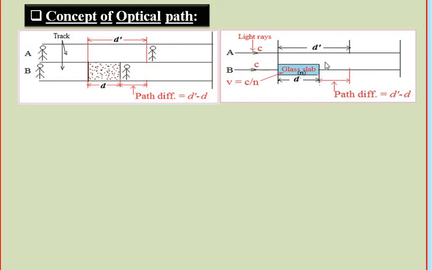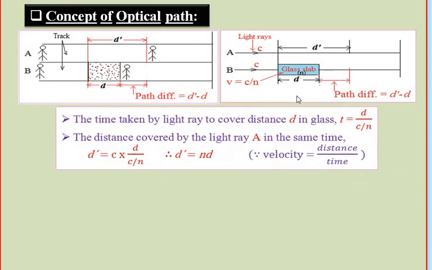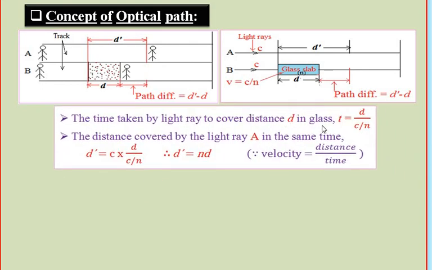So here path difference occurs, that is the difference between the paths of the two rays. Path difference is equal to D dash minus D. The time taken by the light to cover a distance D in glass is T equal to D divided by C by n, that is time is equal to distance divided by velocity.